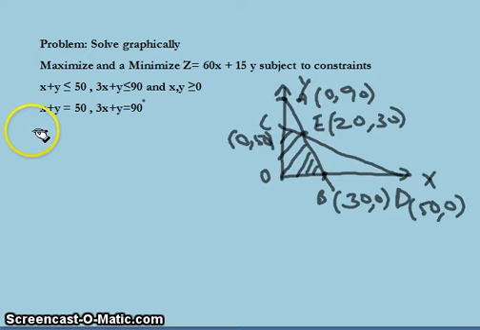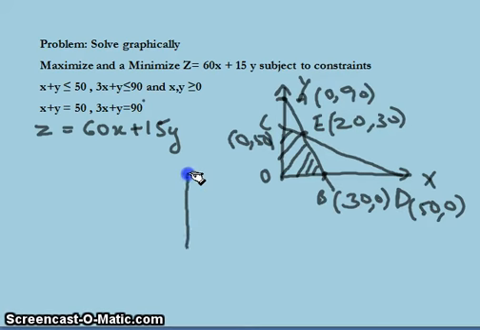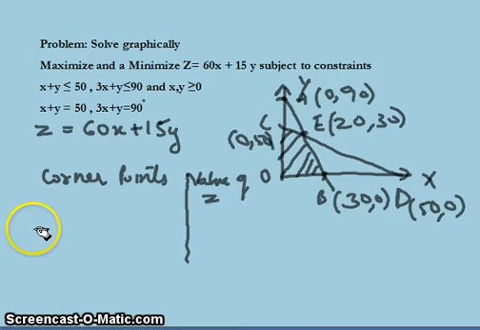Now we are going to evaluate the objective function Z equal to 60x plus 15y at each of these points, that is O, C, E and B. So now we are going to divide this into two columns. One has corner points and the other has the value of Z, that is the objective function. Now the corner point with coordinates 0, 0, that is O, will have the value of Z as 0.